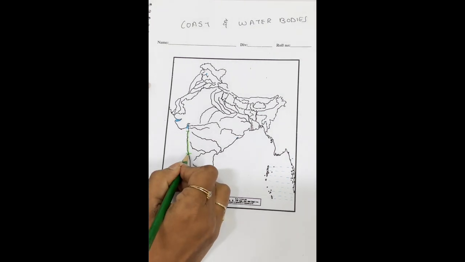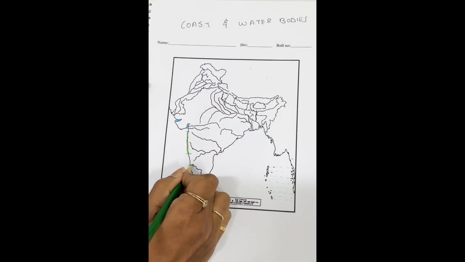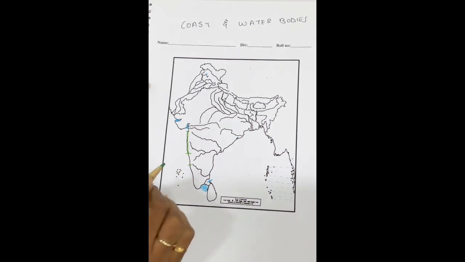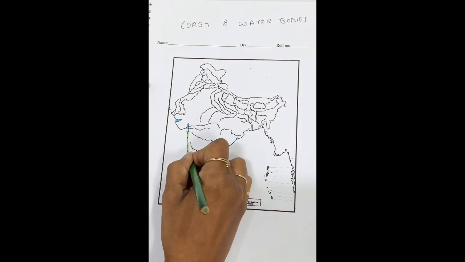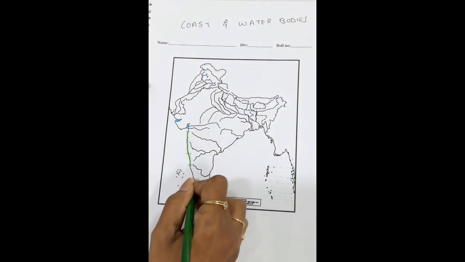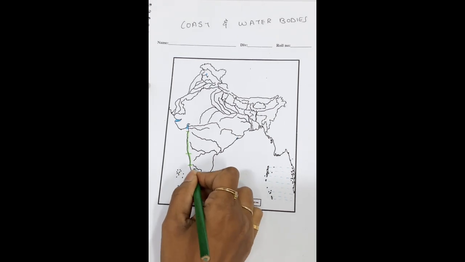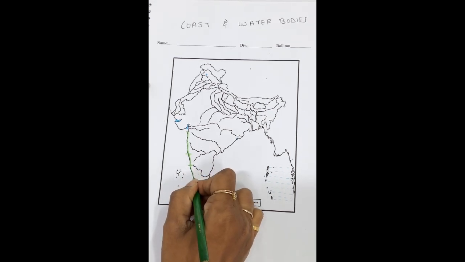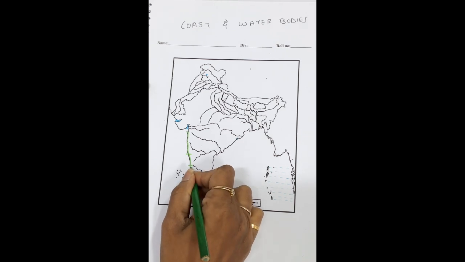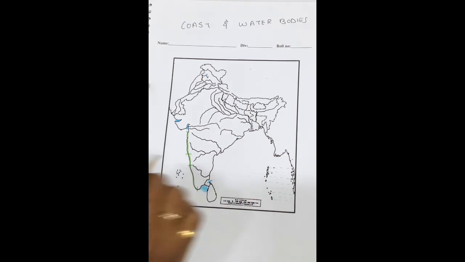Now from Konkan coast till tip of river Kaveri, we are going to mark Kanara coast, and from tip of this till Kanyakumari, we have Malabar coast.